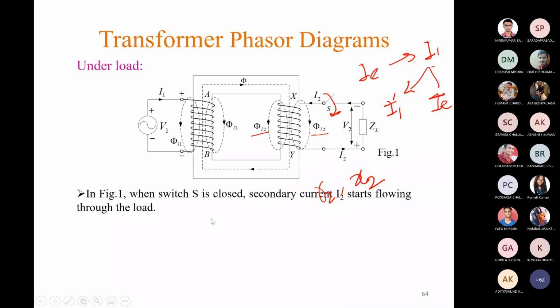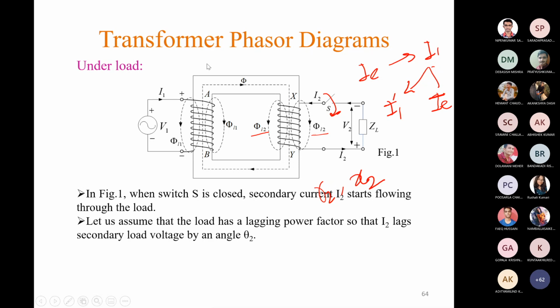In figure 1, when switch S is closed, I2 starts flowing through the load as well as through the winding. Let us assume that this load is inductive in nature, so I2 lags the load voltage by an angle theta 2.